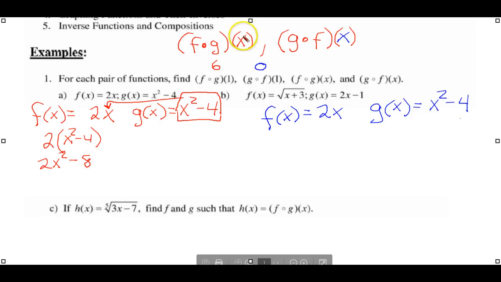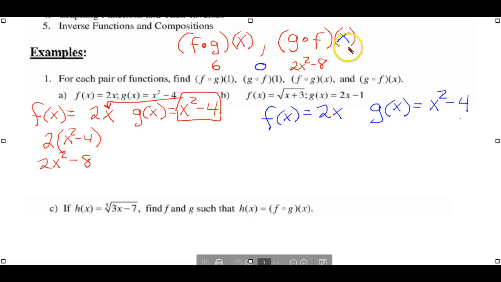So when we use the generic x here for F composed of G, we take the G function, that's our x, put it in our F function, replacing the x, and we get this. So for this one, it's going to be 2x squared minus 8. And if you look down below, these are the answers.